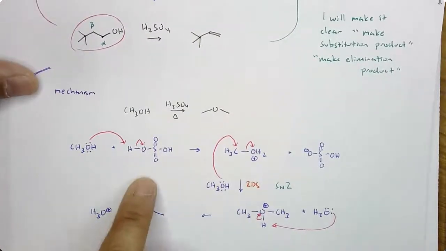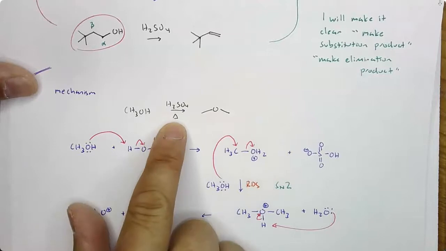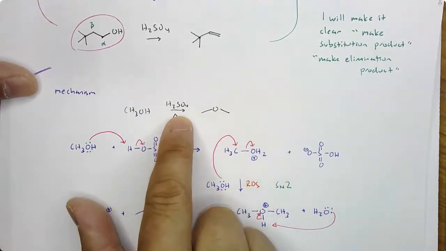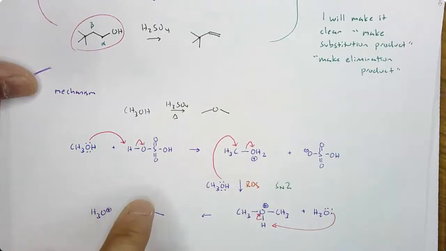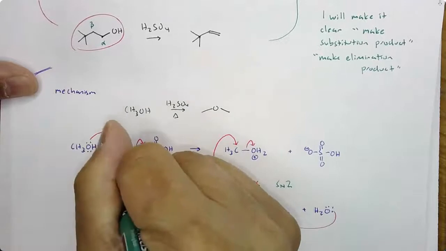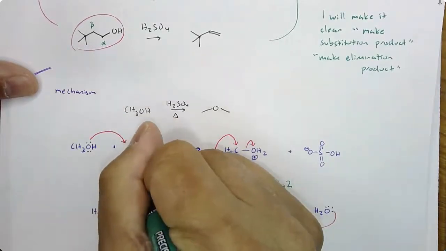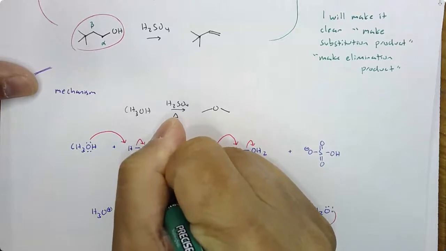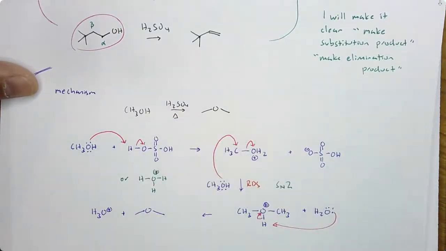Eventually you will have H3O+, but also sulfuric acid is sold with some water, even if it's super concentrated. Again, you could put H3O+ for the protonation. Okay, maybe that makes things a little bit simpler.